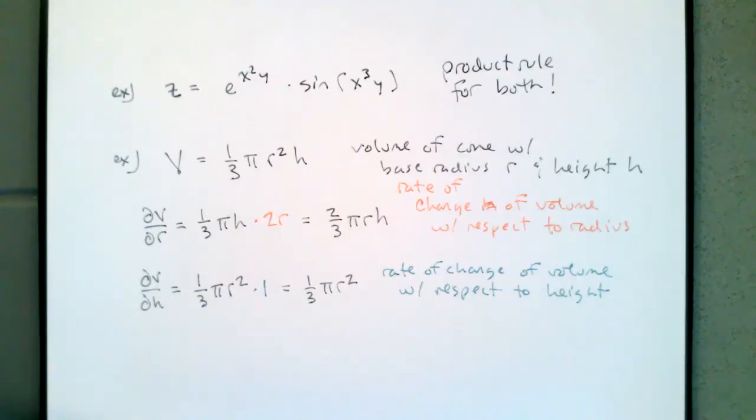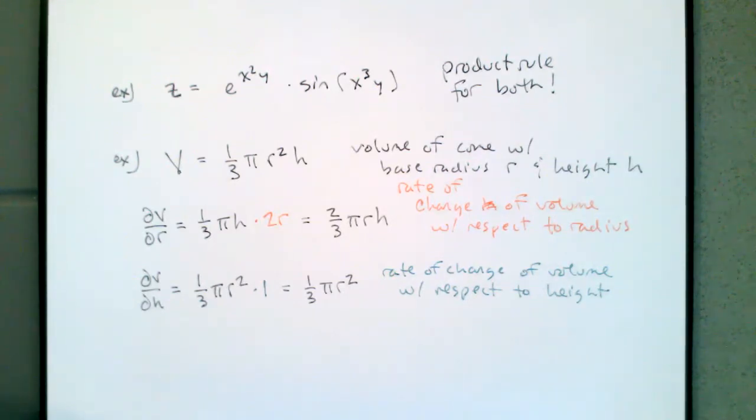So we write the same thing for partial derivatives, with the same interpretations that we would have for derivatives of a single variable. We don't want to use regular derivatives because the rate of change has to be measured with respect to something.